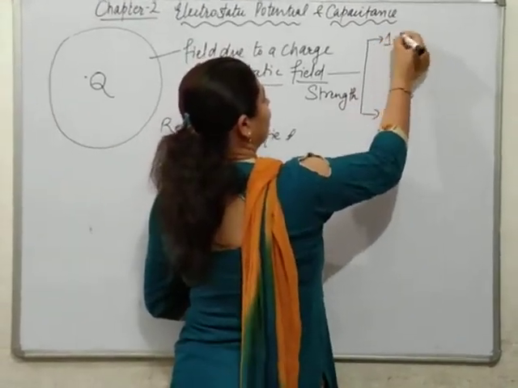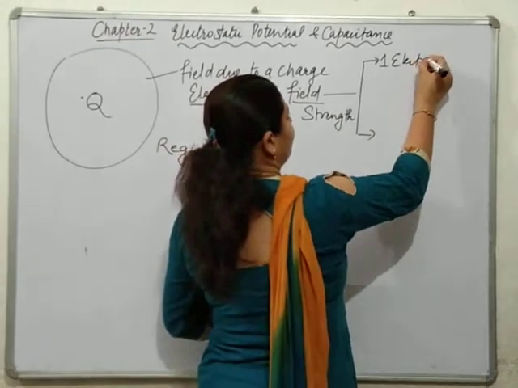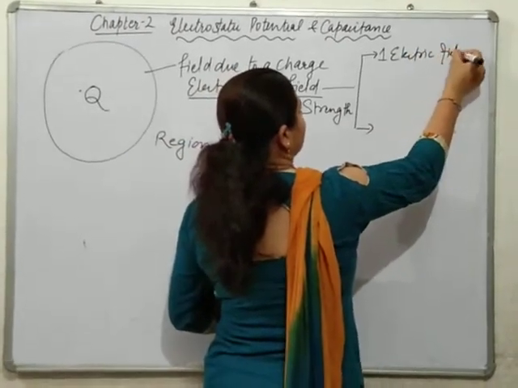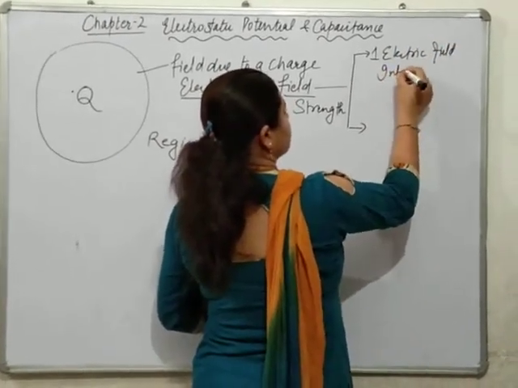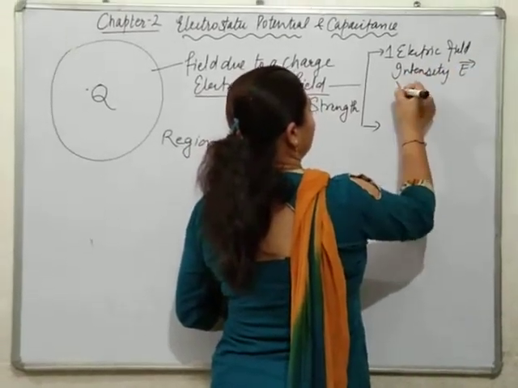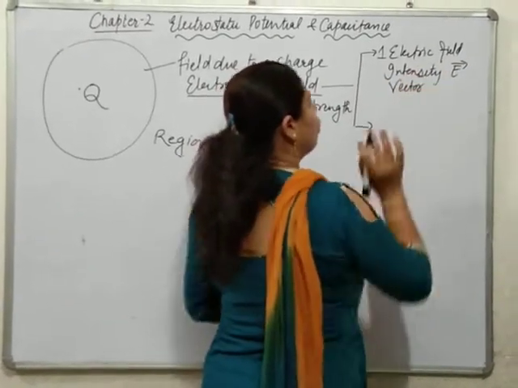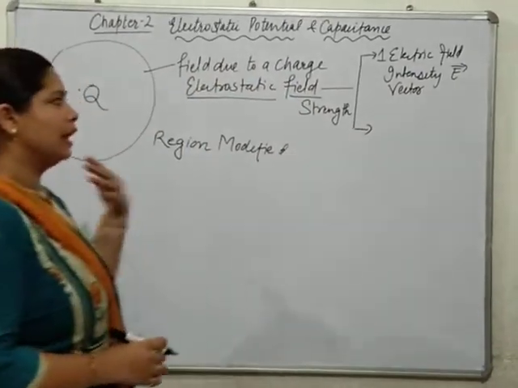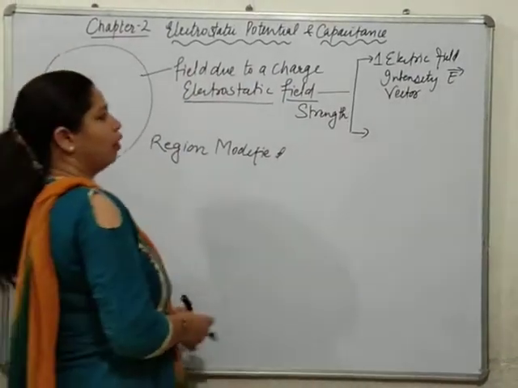Number one, electric field intensity, that is represented by E vector, which is a vector quantity. We have done this section in our NCERT chapter 1.